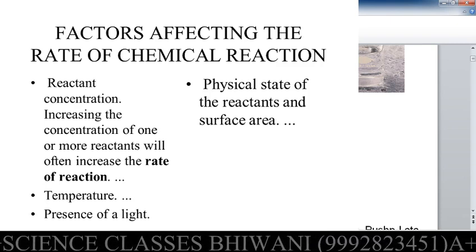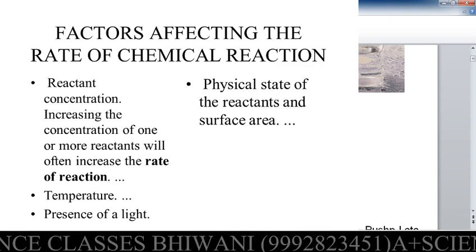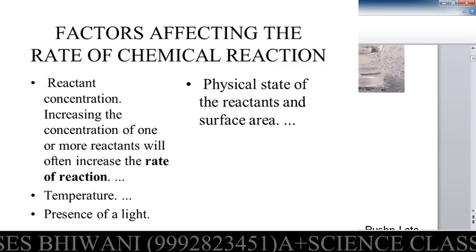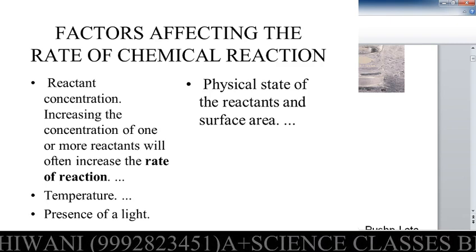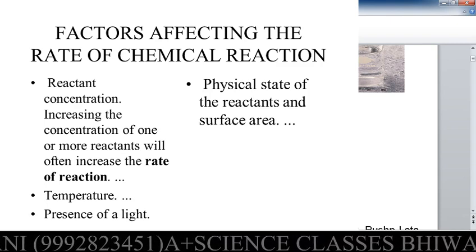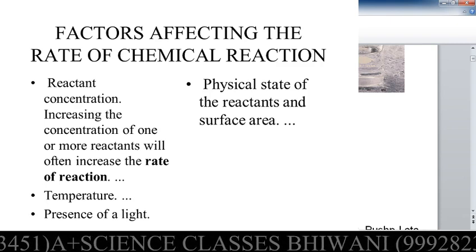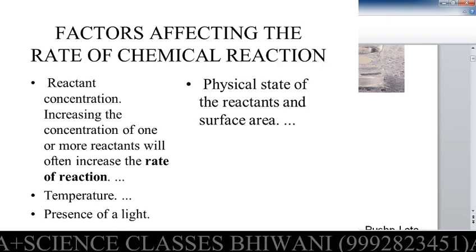Is it clear? Chemically, you can take the example of an iron block. If you want to react an iron block with an acid, the rate of reaction for that iron block is less than that of iron powder.